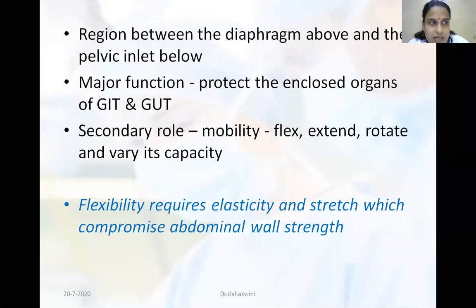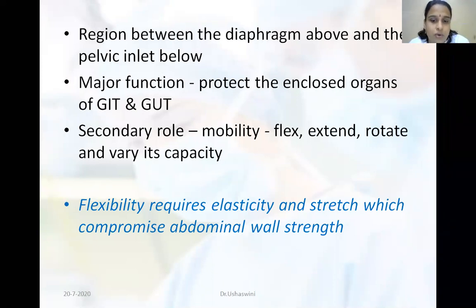Similarly, the floor is formed by the bony pelvis and also a weak muscular central portion. Again, this is weak, so this is a potential space for the prolapse of the rectum, bladder, or the uterus in case of females. Now, coming to the major function of this abdominal wall, it is mainly to protect the enclosed organs of the gastrointestinal tract and the genitourinary tract.